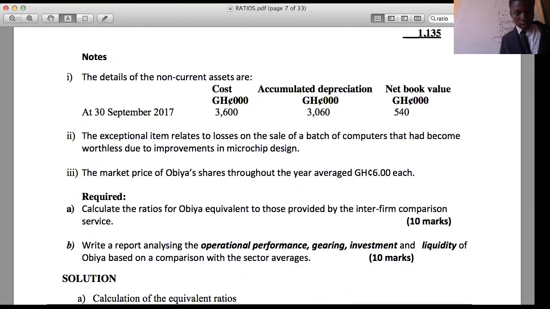Now they say calculate the equivalent ratio. The examiner has not given the calculation into our hands. See here, it's 12 because they've added investment to it, because our investment was 0. So 2 from investment, making the 12.